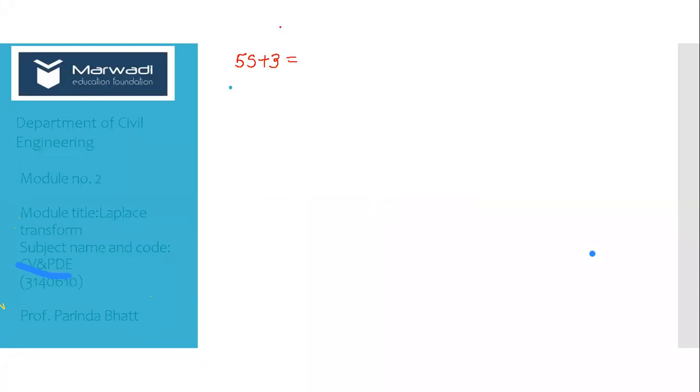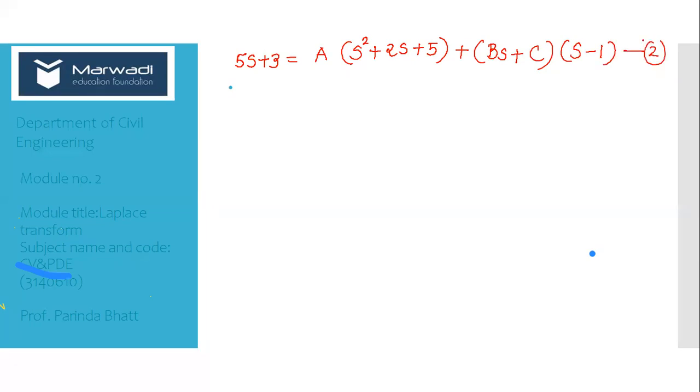Yes, s equal to 1. It's correct. 5s plus 3 equal to a into s square plus 2s plus 5, plus bs plus c into s minus 1. Equation number 2. Now apply s equal to 1 first.